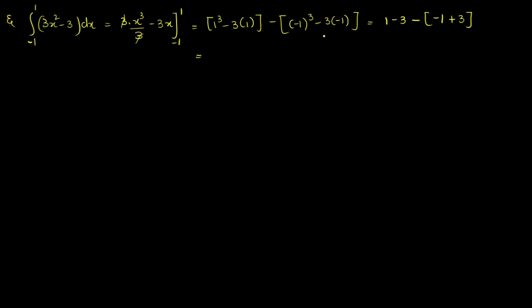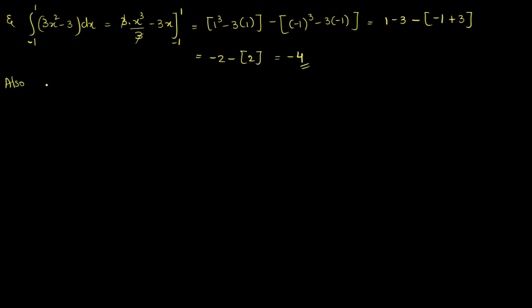So if I simplify this, 1 minus 3 is -2, minus of (-1 plus 3), which is 2, so -2 minus 2 will be -4. As I told you, the second part was below the x-axis, so I get the answer as negative.